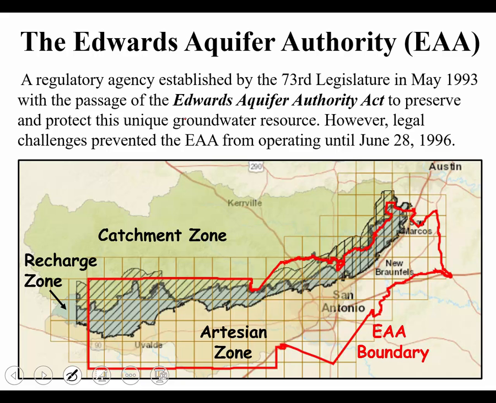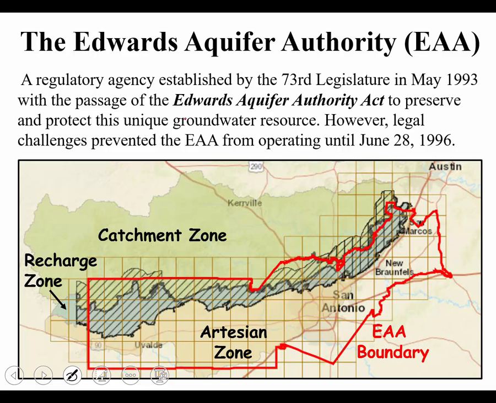So in 1993, actually until 96, after legal issues, the Edwards Aquifer Authority was developed. And it basically was a water manager, or rather, it helped to manage the conflicting needs during times of drought. Because when it's not drought, everybody's happy.